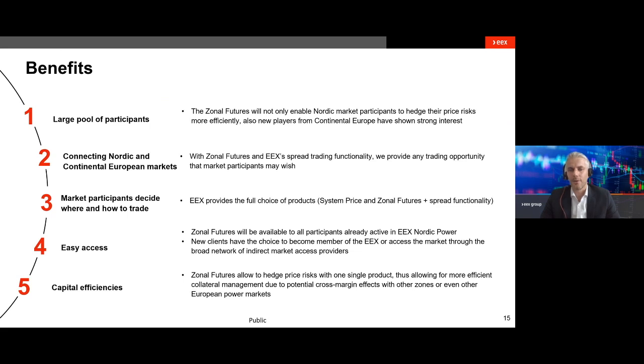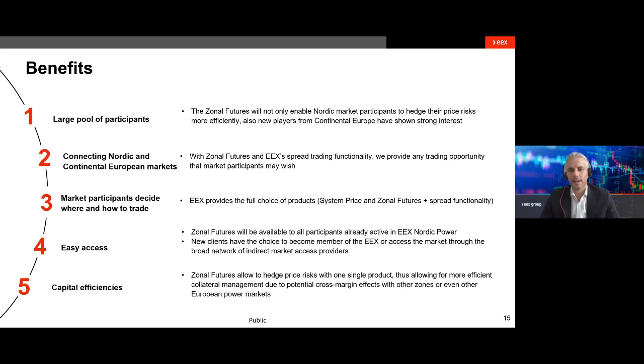We are connecting the Nordic with the continental European markets with the very unique EEX spread functionality and linking zonal futures between each other, zonal futures against system price and zonal futures against other zones on the continent. We provide any trading opportunity that market participants may wish.